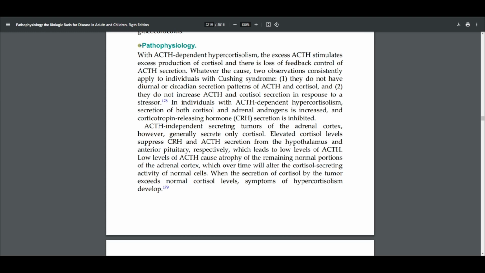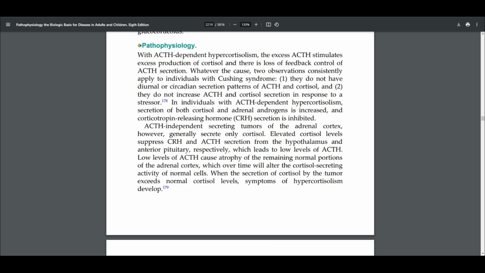In individuals with ACTH-dependent hypercortisolism, secretion of both cortisol and adrenal androgens is increased, and corticotropin-releasing hormone secretion is inhibited. ACTH-independent secreting tumors of the adrenal cortex, however, generally secrete only cortisol.